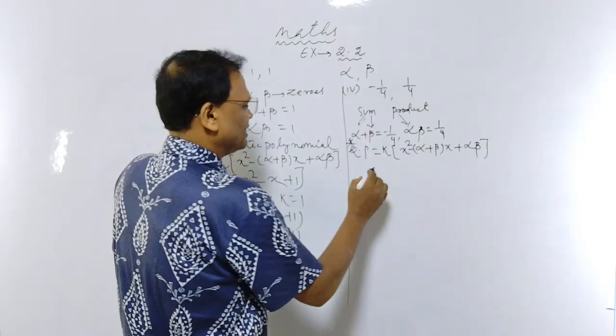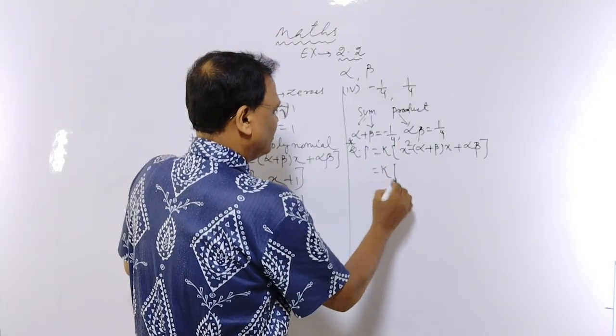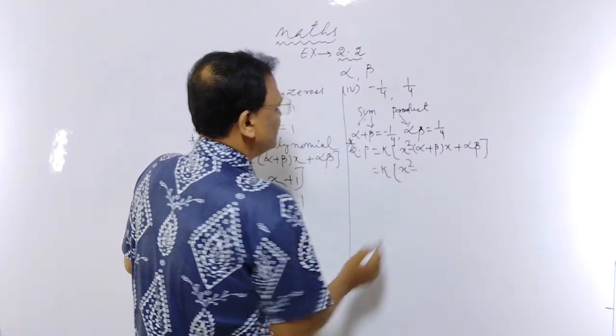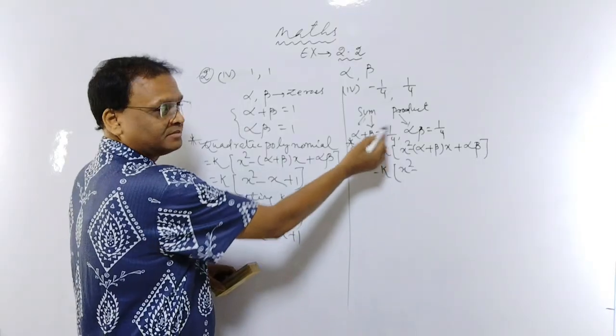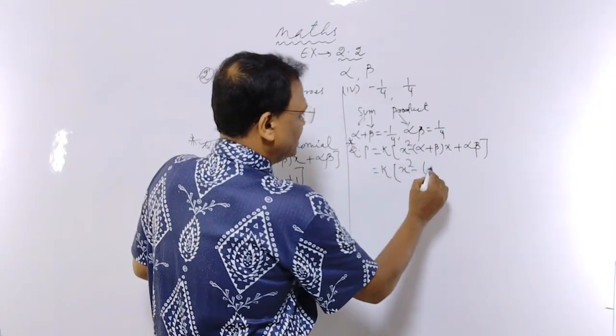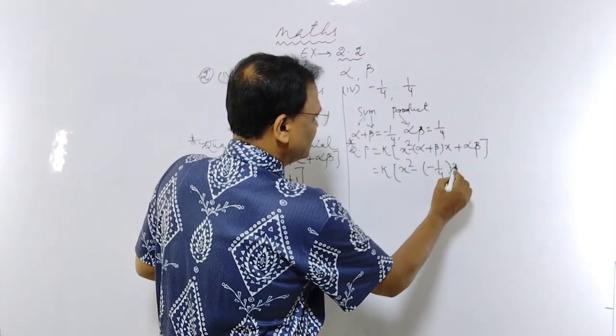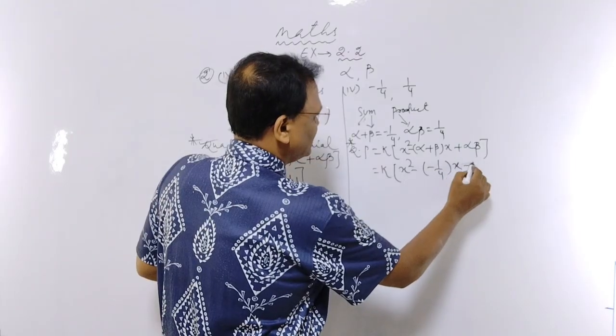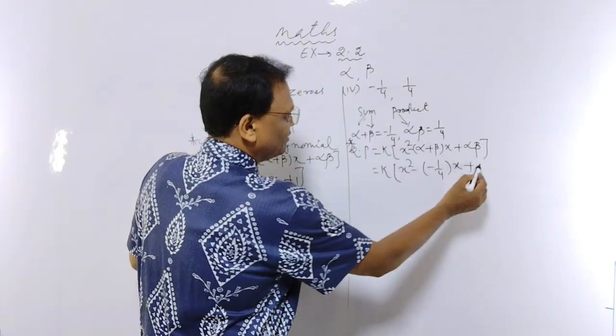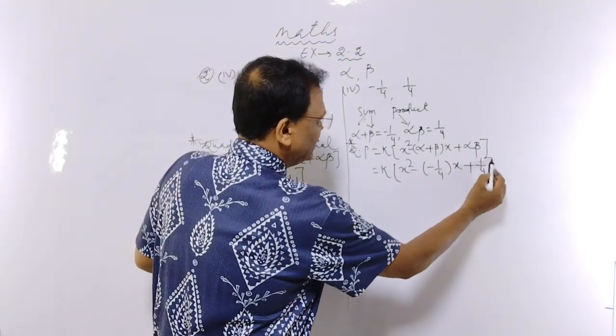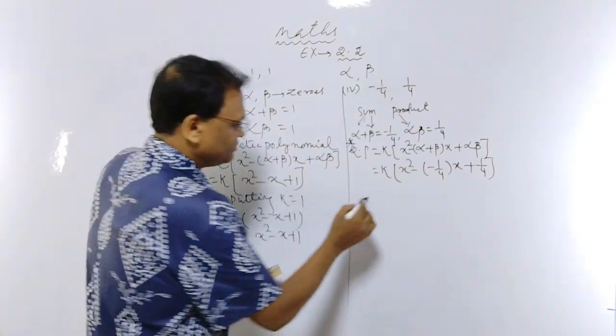So this gives me k of x square minus, what is my alpha plus beta? Look at it, alpha plus beta is minus 1 by 4 of x, plus, what is my alpha into beta? Look at alpha into beta, 1 by 4. I need to only simplify.